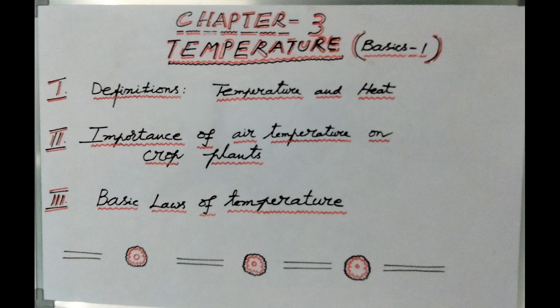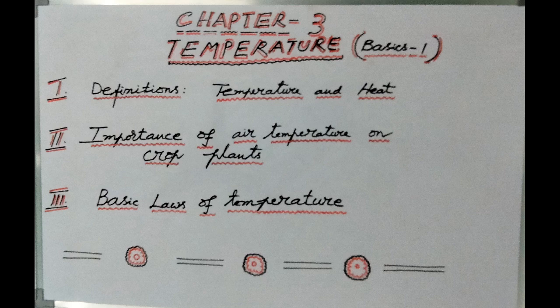The growth and development of crop plants are chiefly influenced by air temperature. Air temperature affects leaf production, expansion and flowering. Physical and chemical processes within the plants are governed by air temperature. The diffusion rate of gases and liquids changes with temperature.